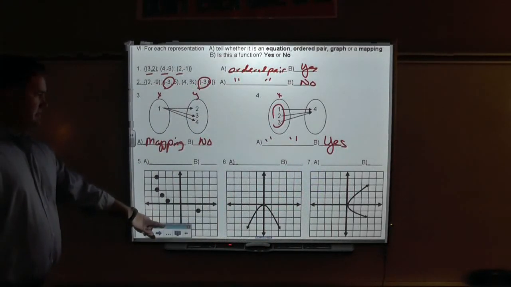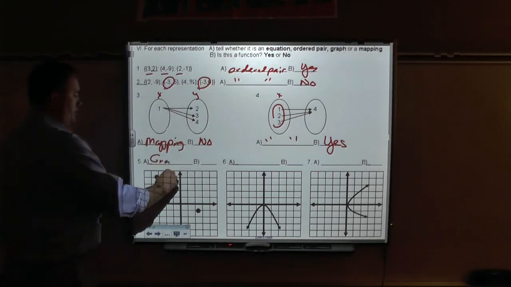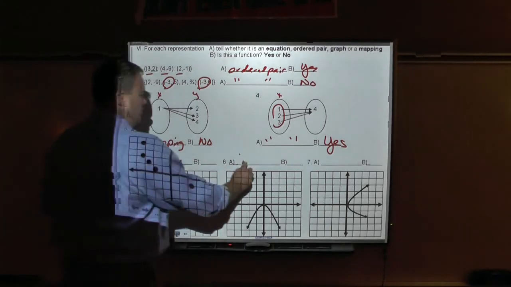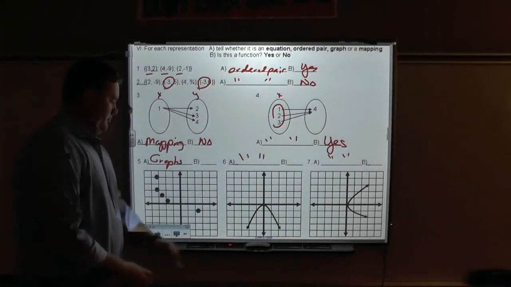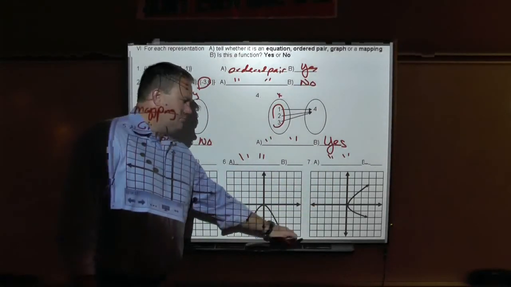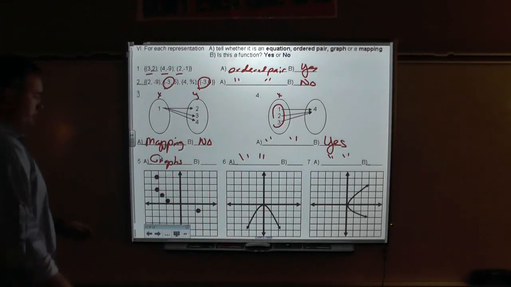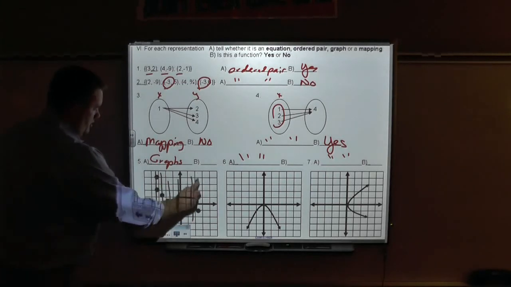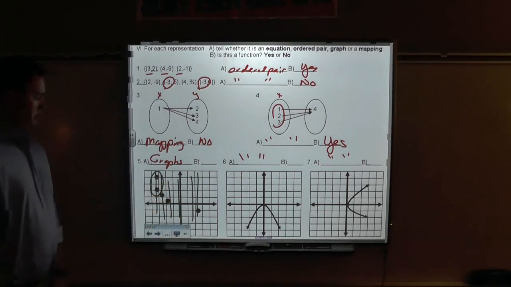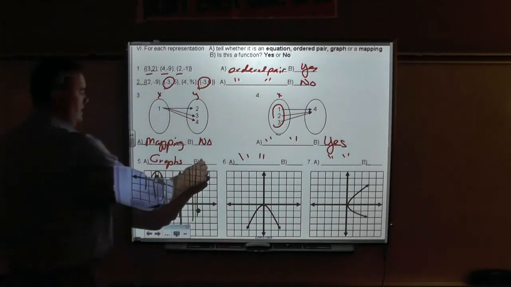Lastly, number 5, 6, and 7. Well, hopefully you can tell me that these are graphs. Each one. Now, vertical line test. That's the test we run for graphs. As you go down, hopefully you'll notice, in that first one, you hit these 2 points with one of those vertical lines.